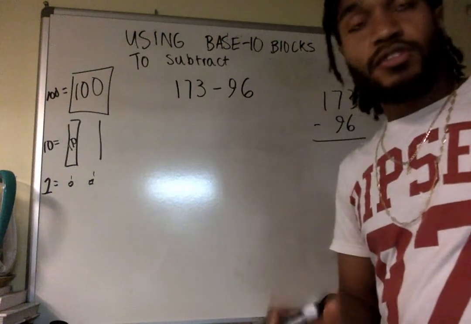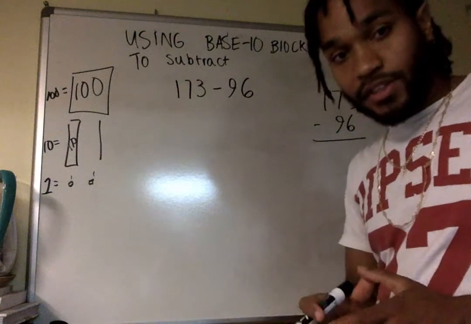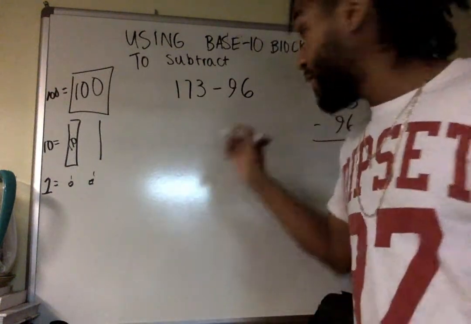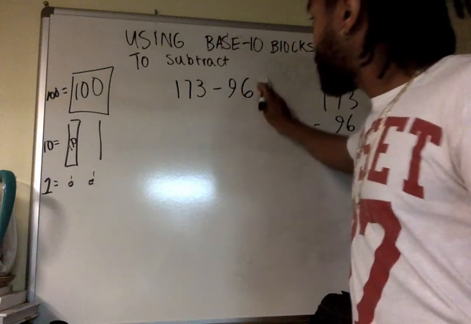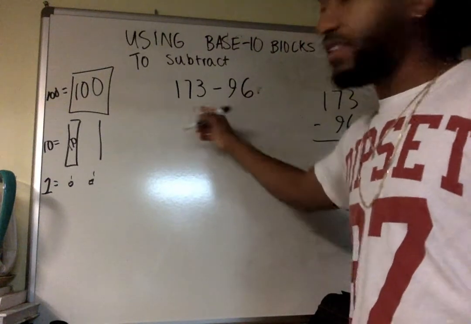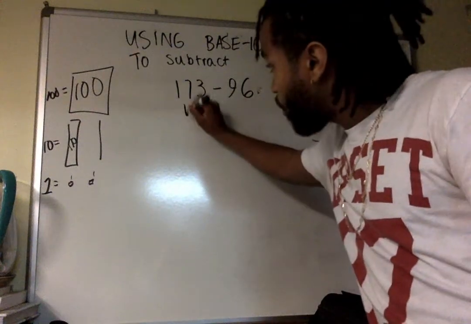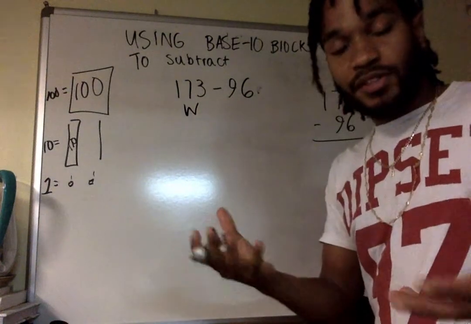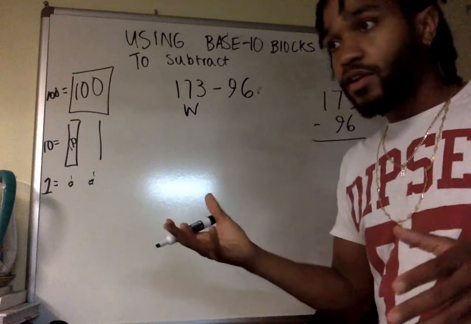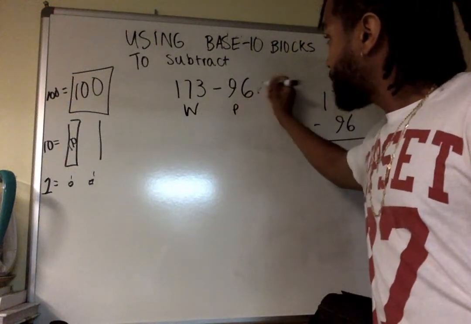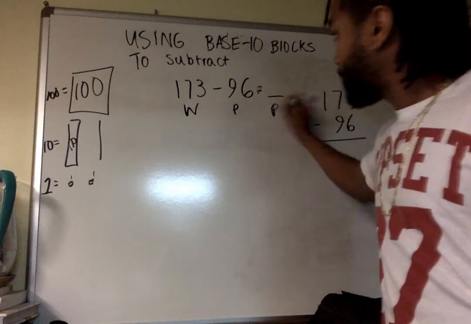What I've been having the students do is label the equation. That means telling me what's the whole, what's the part, and what are we trying to find out. So in this, I want to label this first. This is a subtraction equation. So the whole, which some kids realize is a large number, comes first, and then comes a part. So that means we're trying to find a missing part.